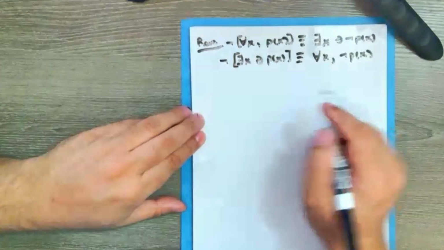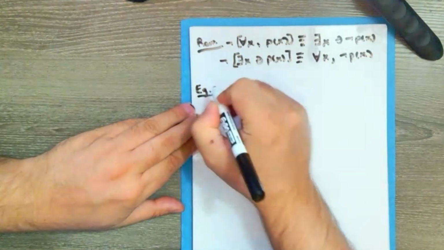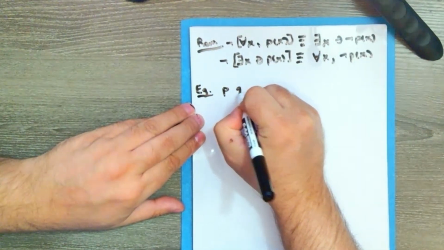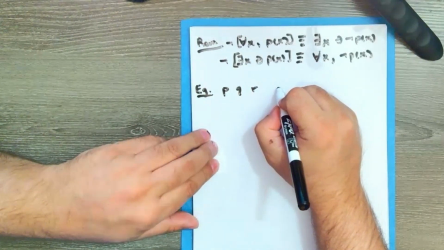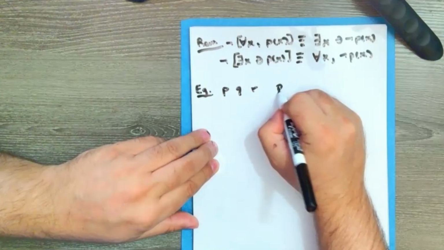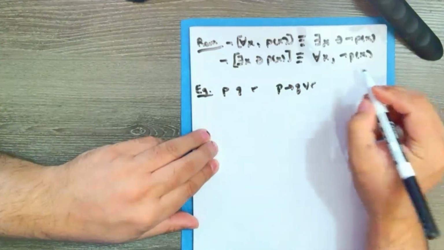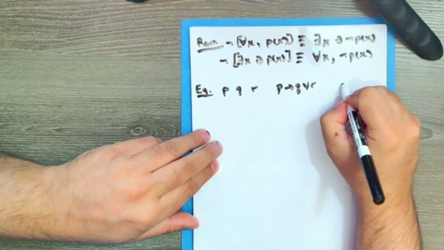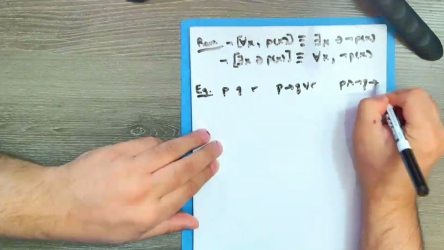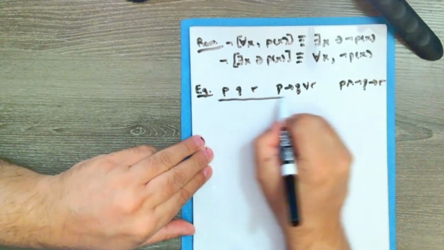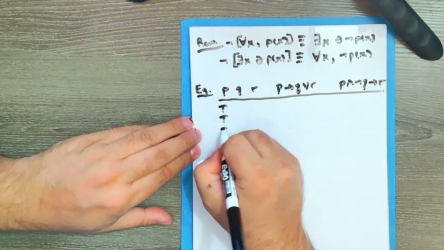Okay, so let's look at a new truth table. We'll look at the statement P implies Q or R, and the statement P and not Q implies R. So we'll build a truth table.